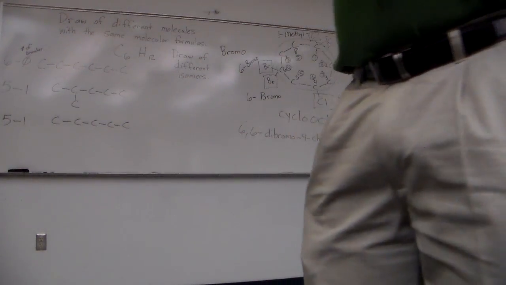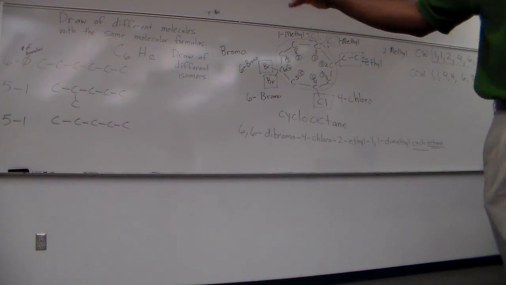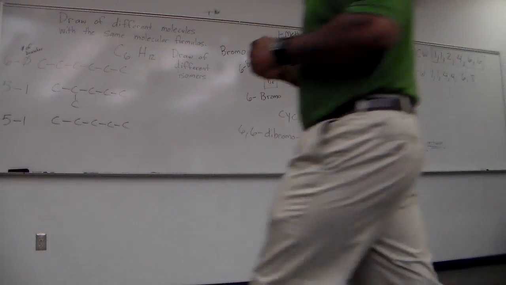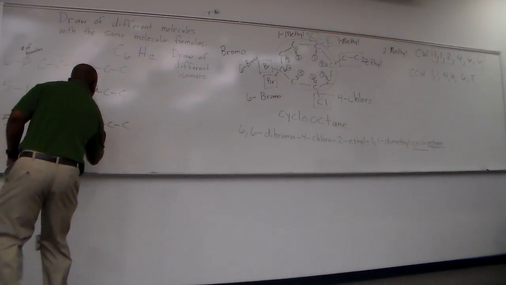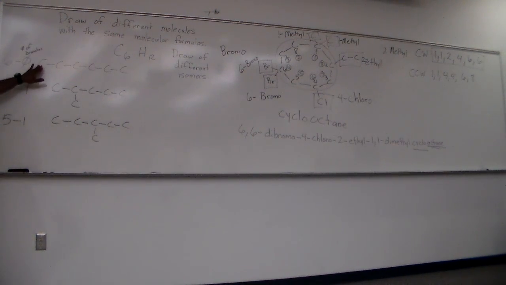So next I put it on carbon number 2. Next I'm going to redraw my skeleton structure, and this time I'm going to put it on carbon number 3. Now we're going to compare molecule 1, molecule 2, and molecule 3. Are those different molecules? Yes.